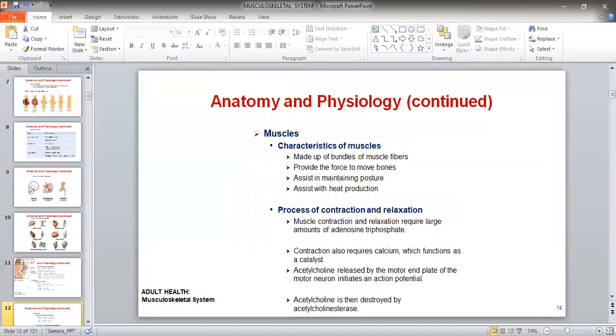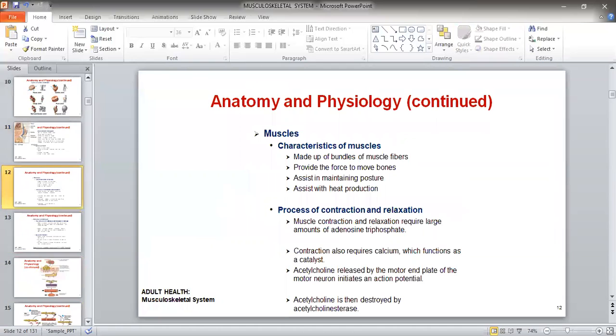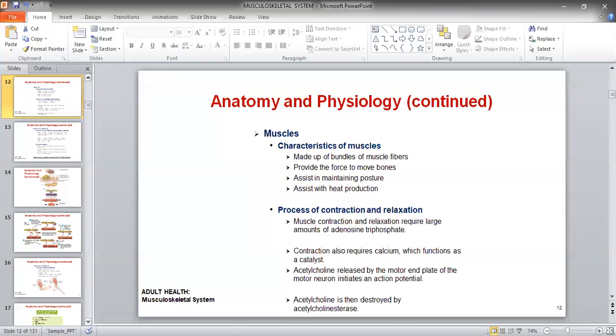What next? The muscle. As I told you, the musculoskeletal system works together with the muscle, right? So keep in mind, muscle has categories: cardiac muscle, smooth muscle, and skeletal muscle.